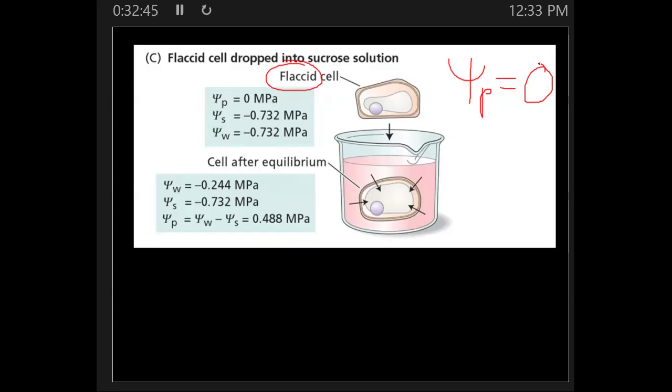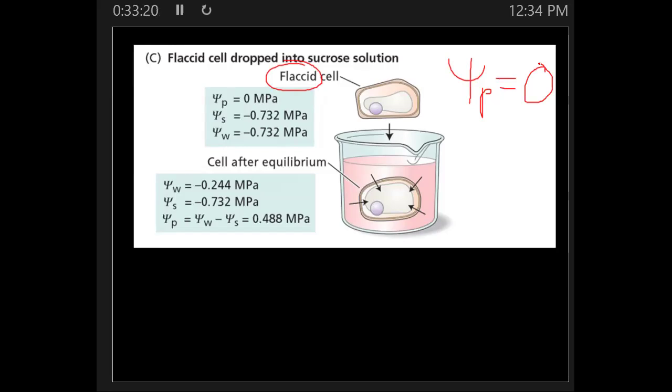The cell has a water potential of negative 0.732, and the beaker solution is negative 0.244. You have to ask yourself which of those two numbers is less negative, or closer to 0. It's the 0.244, closer to 0 than 0.7. So water is going to rush into that cell from the beaker when it gets dropped in.